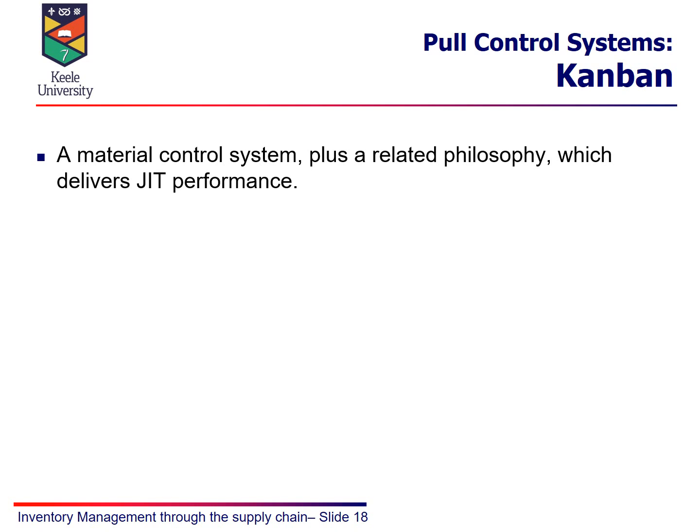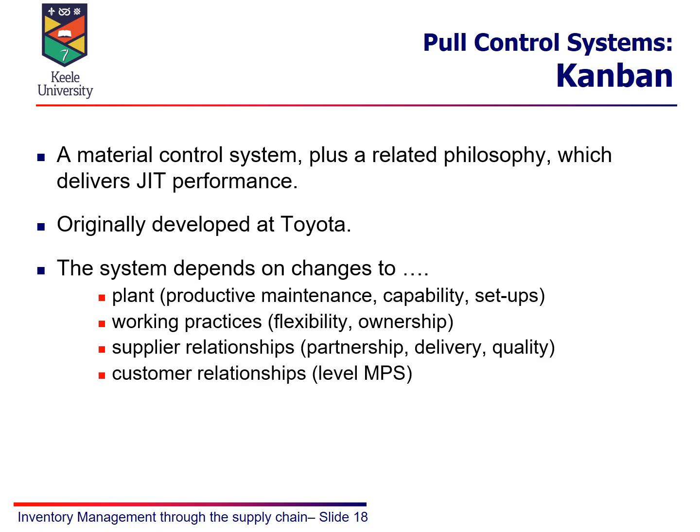Now, as I said, the idea of a pull control system or just-in-time system is that you use Kanban. The Kanban is the triggering device. Originally developed at Toyota, it was a fairly physical type of system.